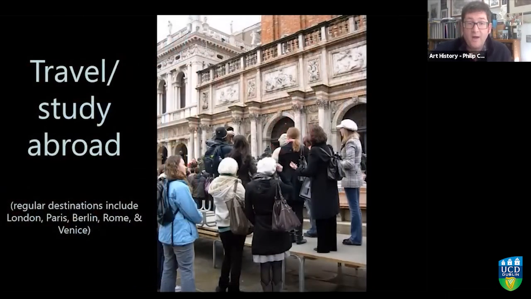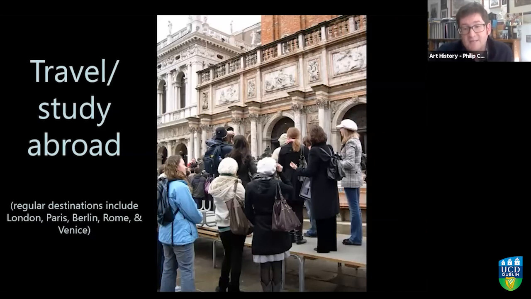And that reminds me that we're not just interested in making the best use of all the very rich, important art collections in Dublin, whether it's the National Gallery or the Chester Beatty Library or the Hugh Lane. We're also very, very interested in getting outside Dublin, getting outside Ireland, and traveling further afield.